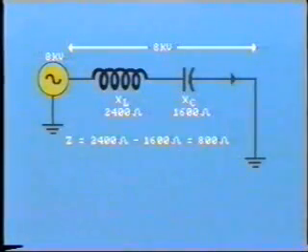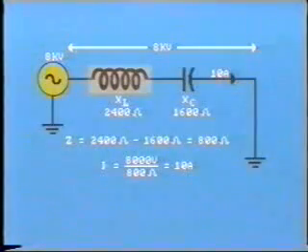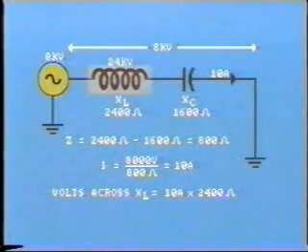Remember that capacitance and inductance have opposing effects. So the value of current through the circuit is equal to 8,000 volts divided by 800 ohms equals 10 amps. But what is the voltage drop across the inductance only? Well, here we have 10 amps times 2,400 ohms equals 24,000 volts.